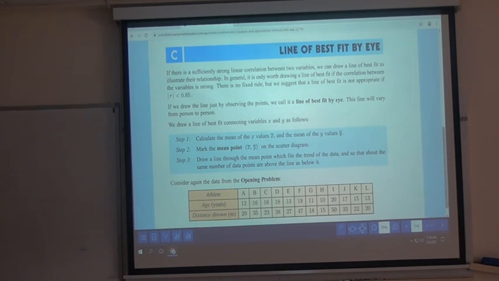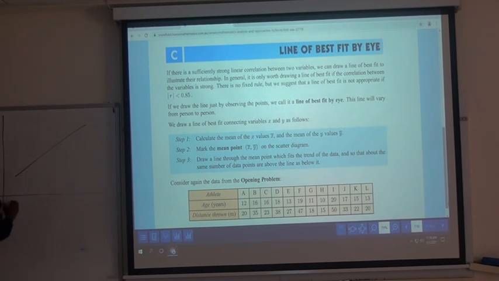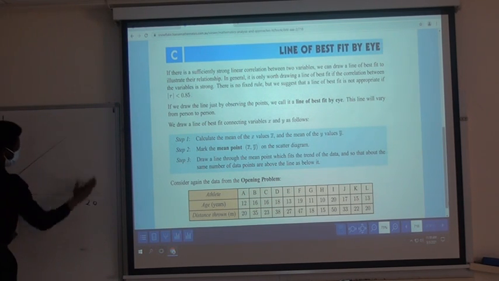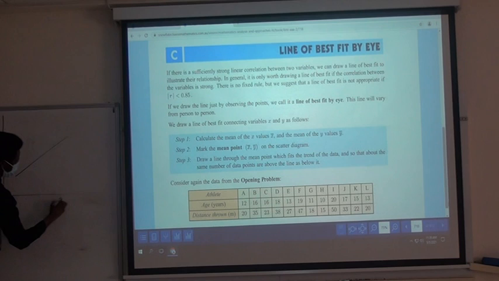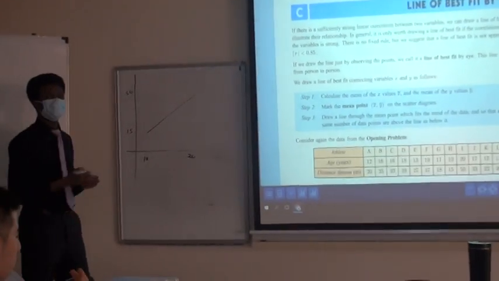Now, if you draw your scatter diagram, you put your scatter plots, and you are able to get your line of best fit by eye to be this. Remember, you said this is from 10 to 20, right? And you said this is from what again? 15 to 50. This is what you have.